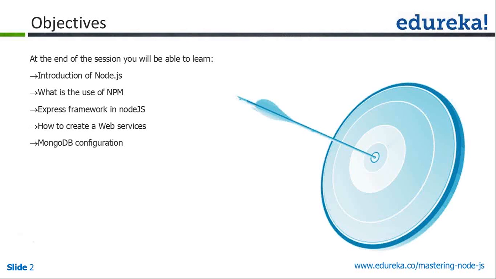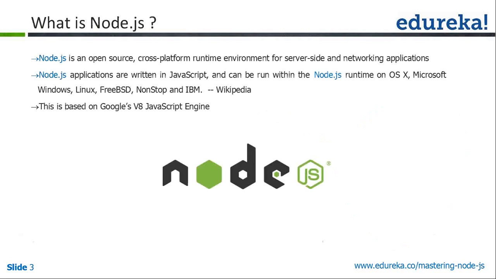Then we have a number of frameworks in Node.js, so why do we need to choose the Express framework over those? Then how can we create web services using this Express framework? At last, we will be doing the MongoDB configurations and how we can query MongoDB, get data, put data, or update. We will be discussing these things in today's session.